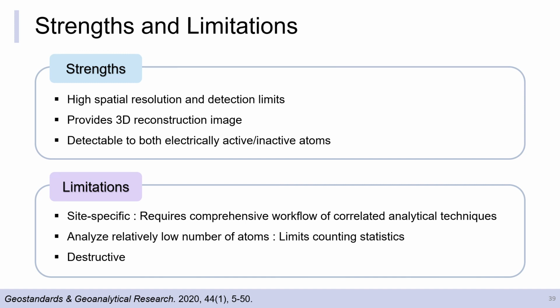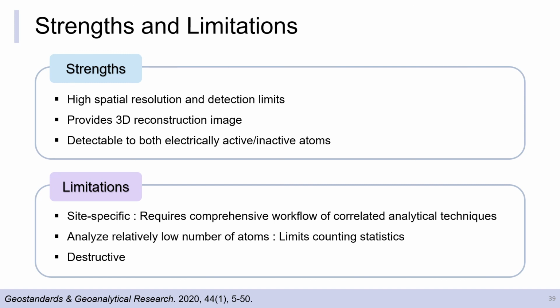We should select a small specific area of the sample for APT, so it requires a complicated sample preparation process which is time-consuming. Also, due to high resolution and detection limit, the statistical accuracy is limited.